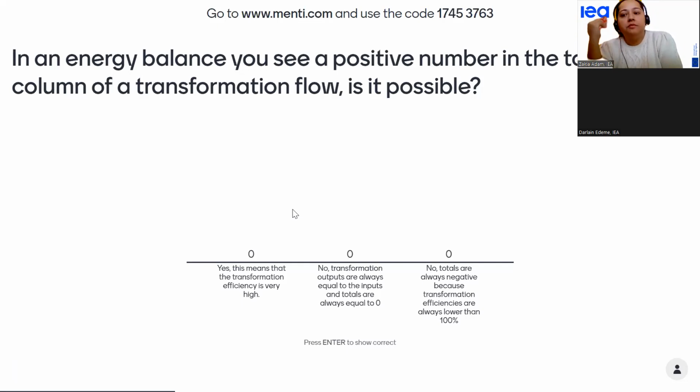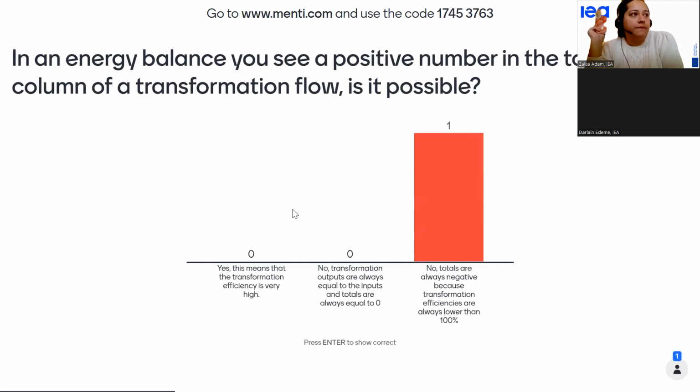So you have positive numbers, negative numbers. So what does this mean? And in the total column, it's the sum of the products in the same unit. So here, is it possible that you end up with a positive number?